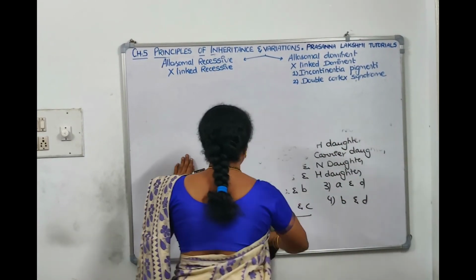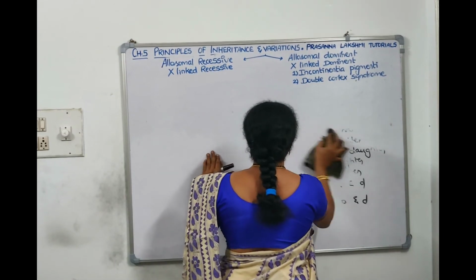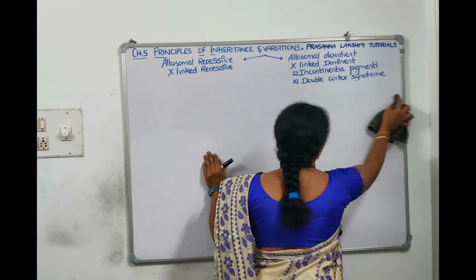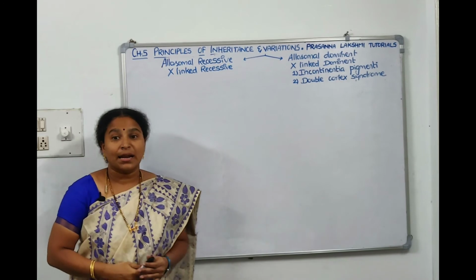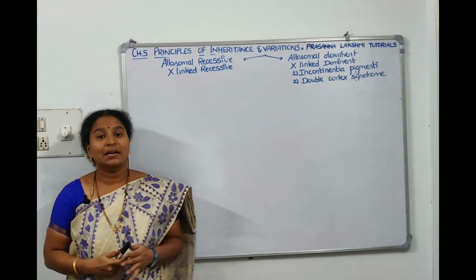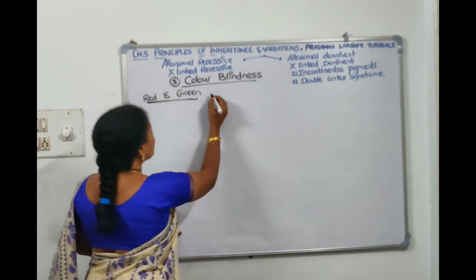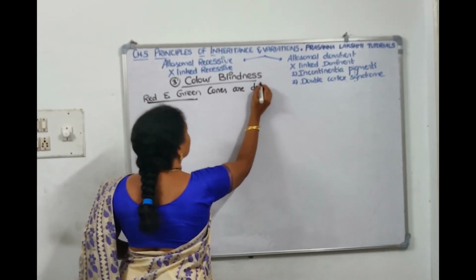There are 3 types of cones in the retina: red cone, green cone and blue cone. Red and green color blindness is an example of X-linked recessive disorder. Because of the defective cones, they are unable to discriminate between red and green colors.